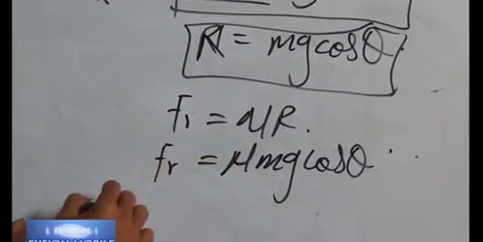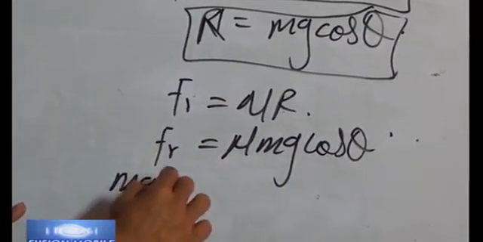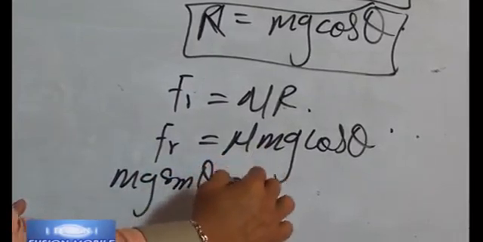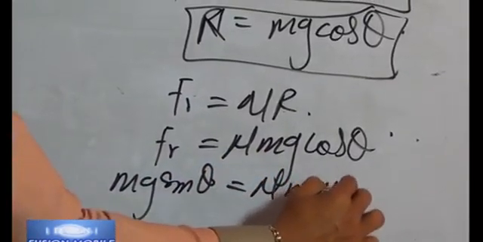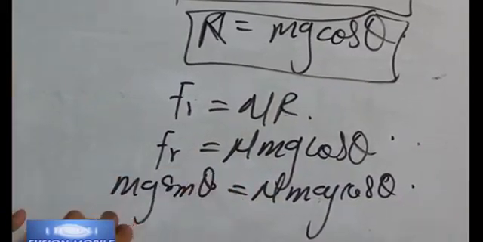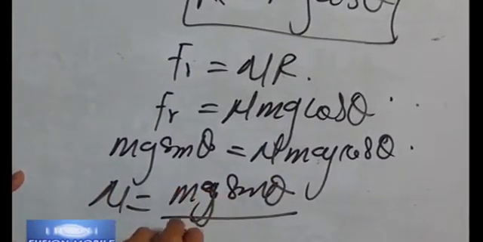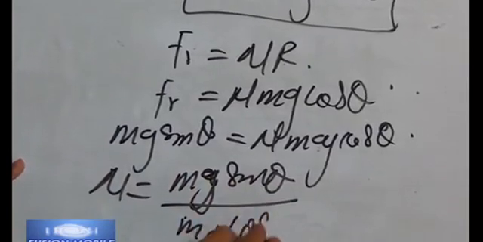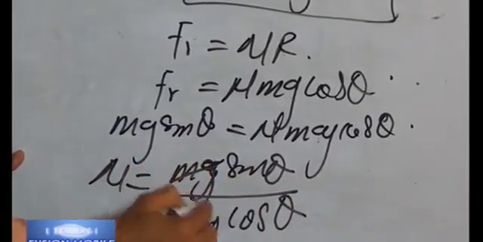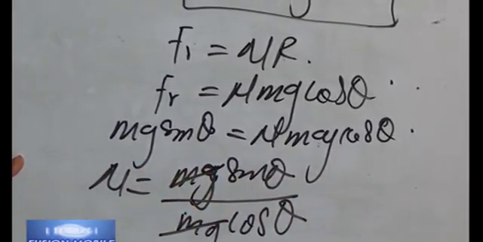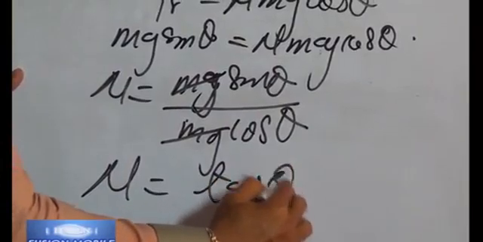Making that the subject of the formula, we have mg sine theta equal to mu mg cos theta. Making mu the subject, mu will be equal to mg sine theta all over mg cos theta. Mg cancels with mg, and we have mu equal to sine theta over cos theta, which is equal to tan theta.